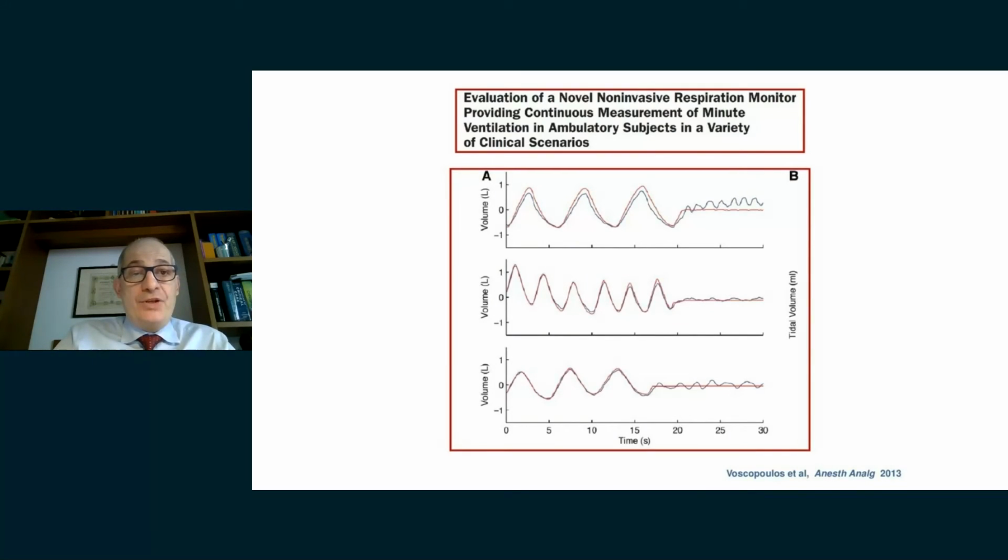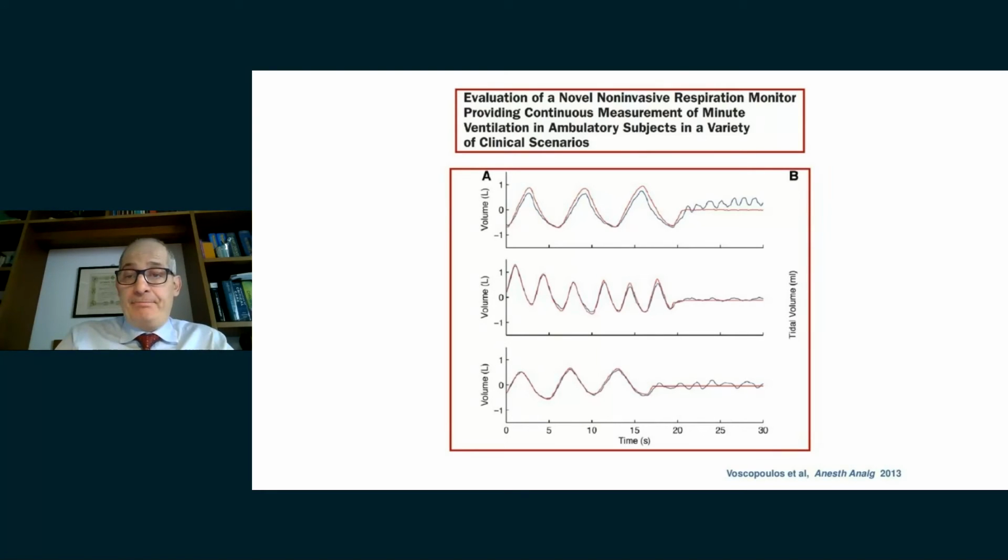As you can see in the right part, the patient was asked to perform an inspiratory effort with the mouth closed. And what happened? The spirometry did not detect any change in volume, but the device detected the change in the volume of the thorax.